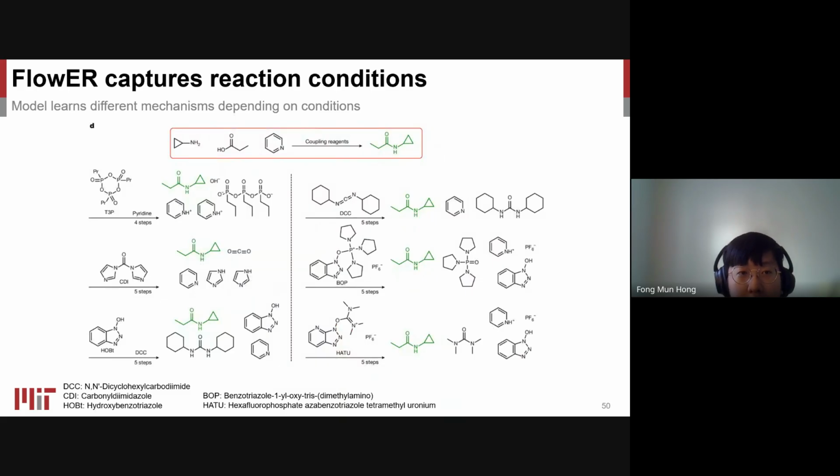Yeah. All right. So this goes back to how Flower captures reaction conditions. In this case, we see there are different catalysts involved in this reaction, where different types of products will be formed by putting in different types of catalysts.